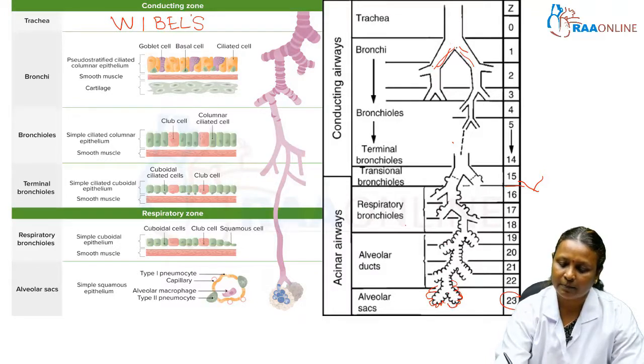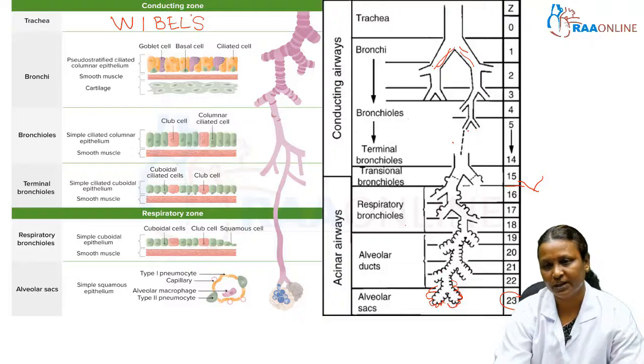As the bronchi branch into bronchioles, the total surface area of the bronchioles will be increasing. The total surface area is increasing, so there will be a decrease in the pressure. The decrease in pressure is because as the bronchi branch more and more, there is a fall in pressure and air can easily flow.